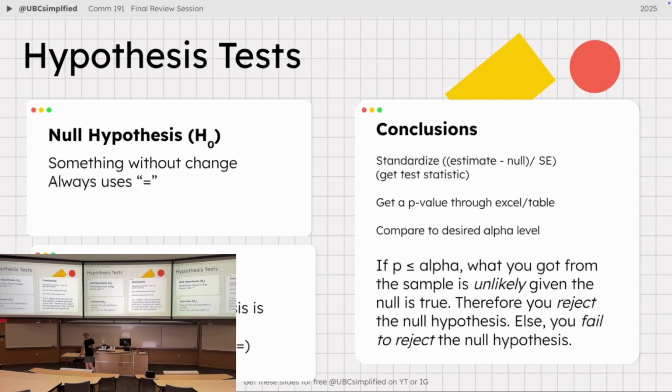So, general stuff with a hypothesis test. One thing I like to think about regarding what it's actually doing is, if you go all the way back to z-scores, hypothesis tests are basically just z-scores. Essentially, we're standardizing. You take your mean, you subtract your null. That's like from a z, where you take your data point, subtract your mean, and divide by the standard deviation or the standard error.